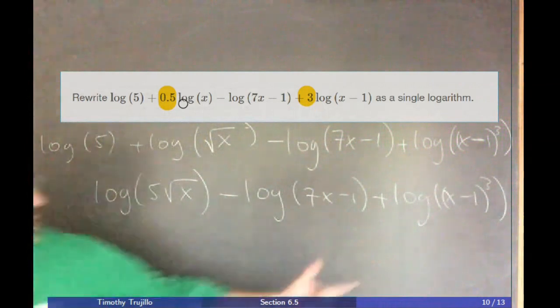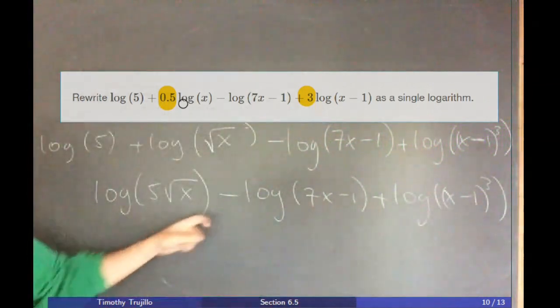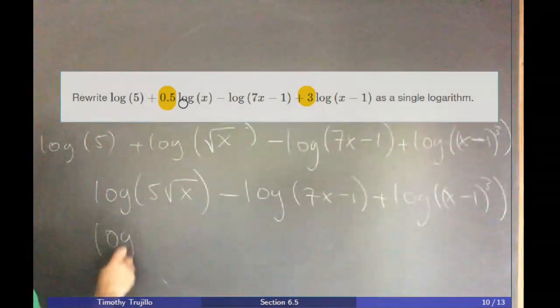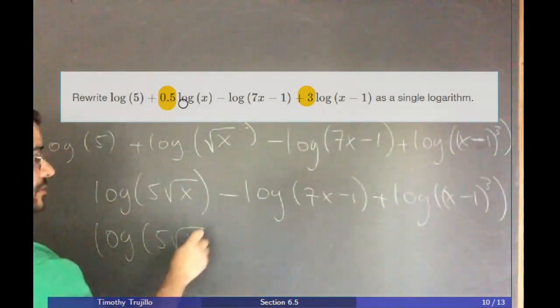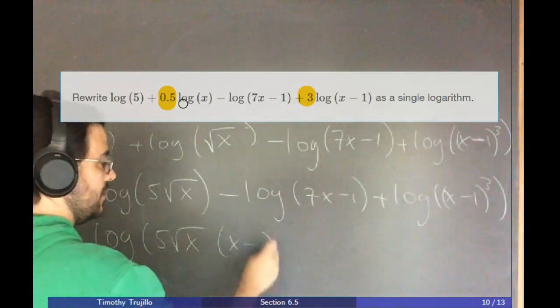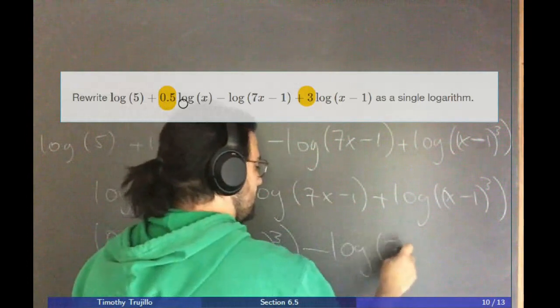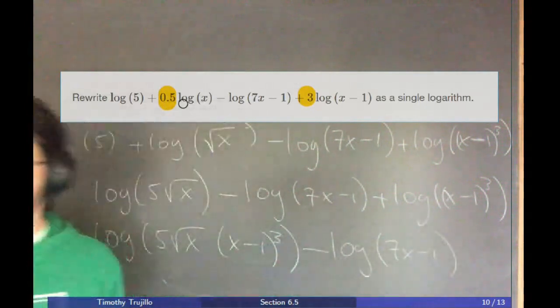And then from here we can combine this one and this one together. I'll leave the subtraction last. And so those two together become the log of 5 times the square root of x times x minus 1 to the power of 3, and then minus the log of 7x minus 1.